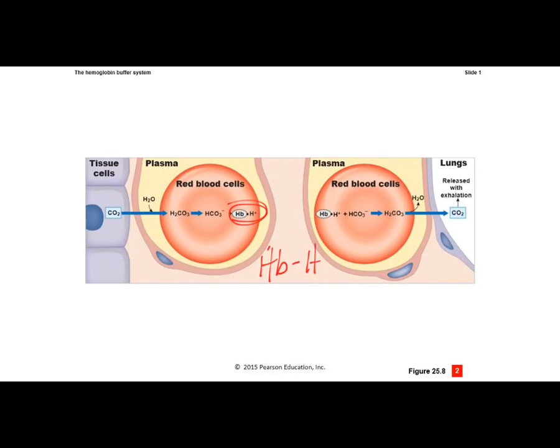And then when we get back to the alveoli, that hydrogen that was stuck on the hemoglobin, what is it doing? Jumping back on bicarb, making carbonic acid, and then blowing out CO2. So you can see how the hydrogens are shifted around, protected from the pH shifting of the body as a buffer.